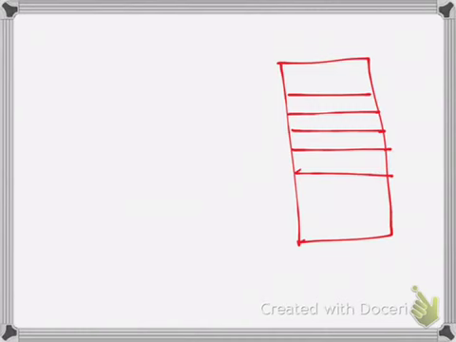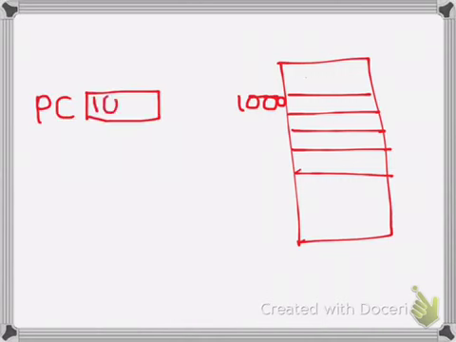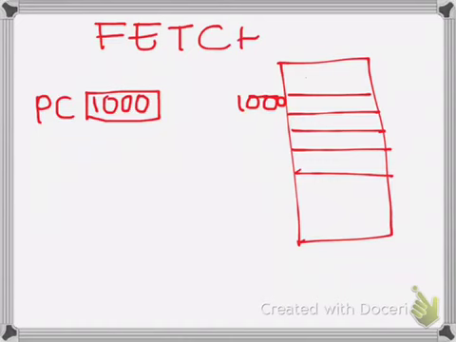Now you want to execute the program. Let's say the first instruction of the program starts at address 1000. So the program counter is initialized to this first address. The program counter has the value 1000. Now in the fetch cycle, the first thing that is done is you look at what is in the program counter.